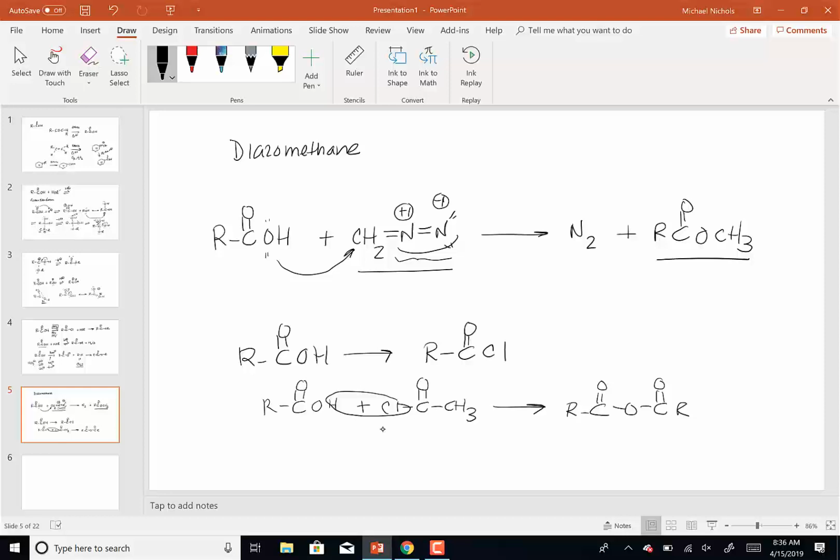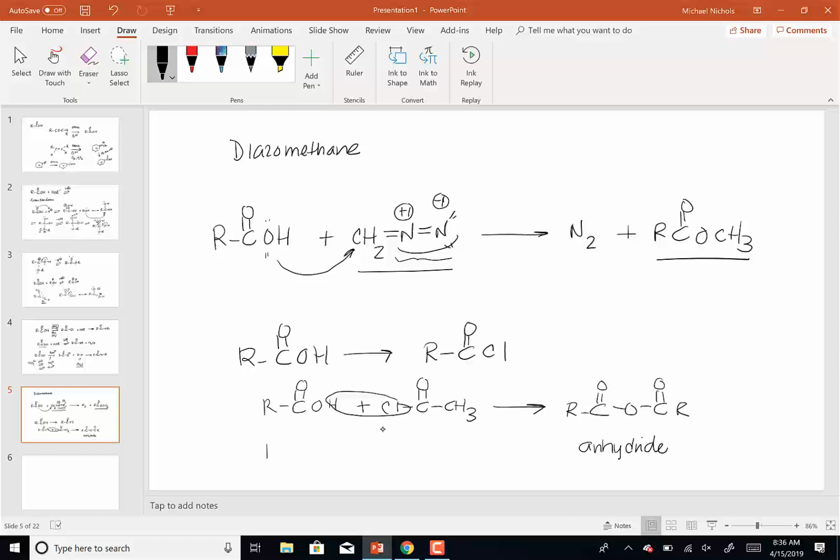That's a carboxylic acid anhydride. In our benzocaine synthesis, we reacted acetic anhydride with the NH2 of the original molecule to make the amide. So, in this case, that's what will happen.